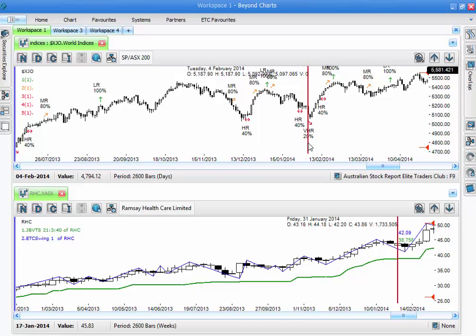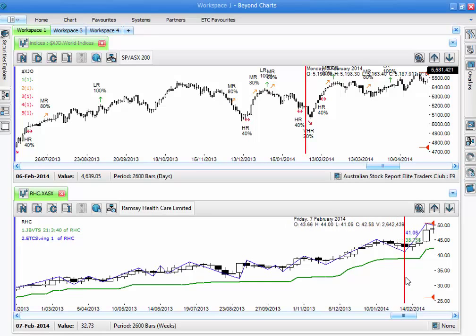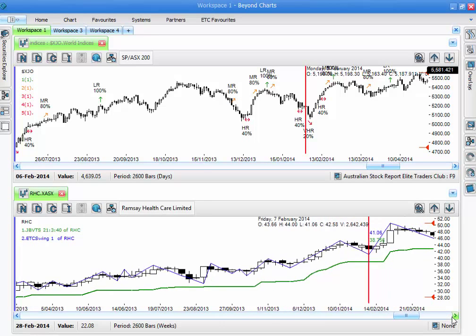End of January, beginning of February. It's a bit hard to see up there, but we're starting to get into very high risk territory mode. During exactly the same time, our Ramsay stock was still well clear of its trailing 3 ATR.